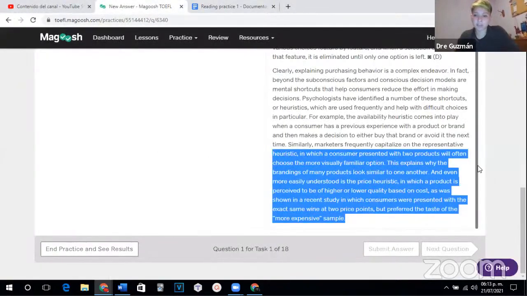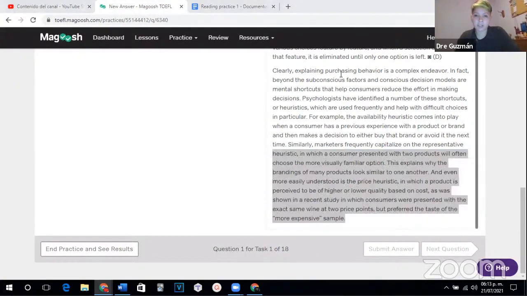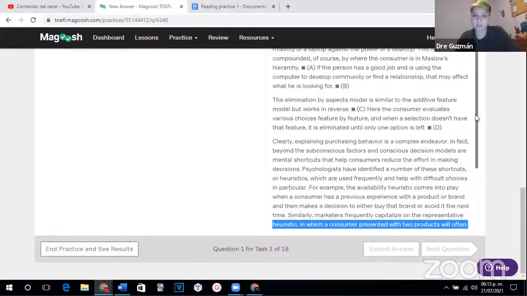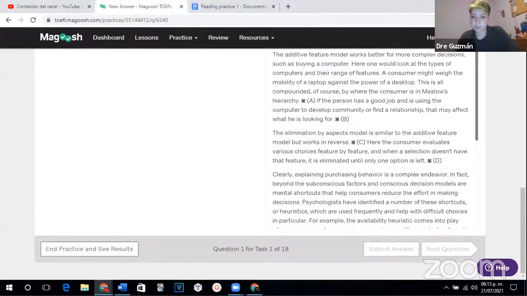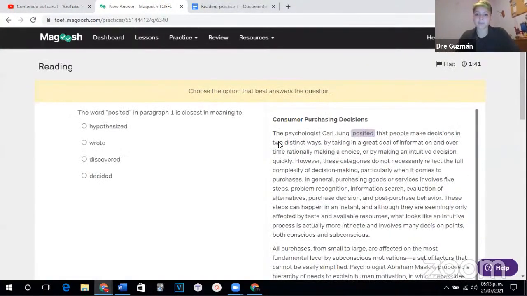Before we read, what's the title of this text? Camila, can you read the title of the text? Consumer purchasing decisions. What do you think it's going to be about before we read anything?